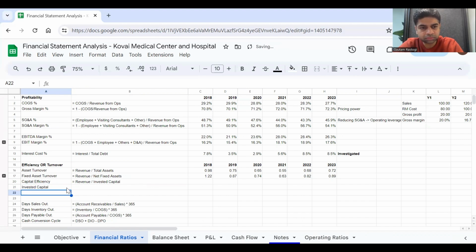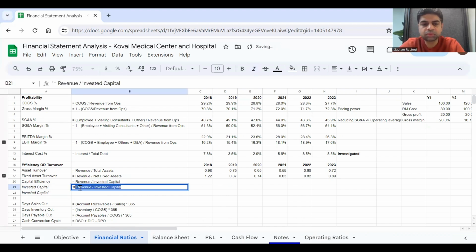One is to derive invested capital from the equity and liability side of the balance sheet, which is the book value of equity plus book value of debt minus cash, which is basically equity plus net debt. So that's one way to derive invested capital.